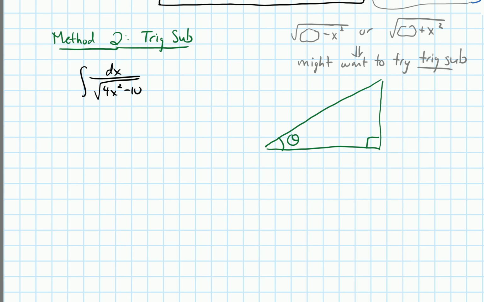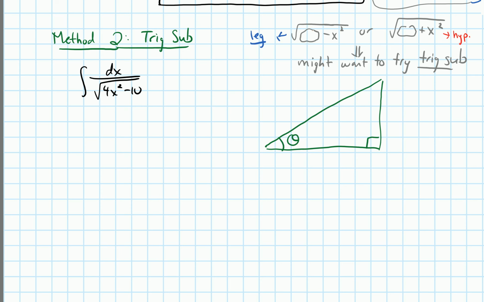Okay, and then if we see something like square root of something minus x squared, we want to make this a leg of our right triangle. But if we see something like the square root of something plus x squared, we want to make this the hypotenuse, assuming that this stuff here is a positive number.